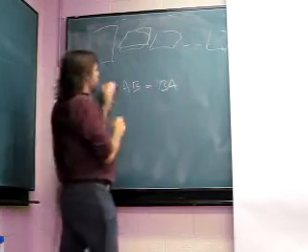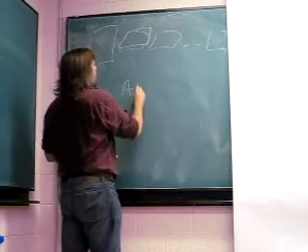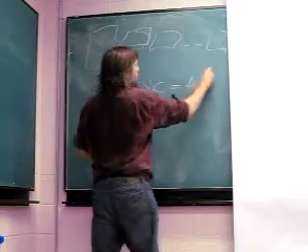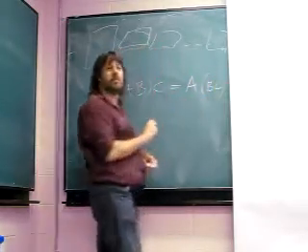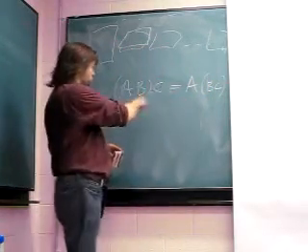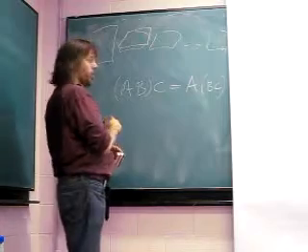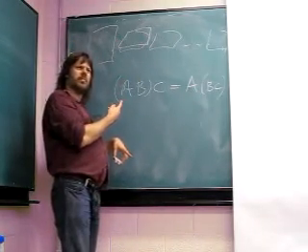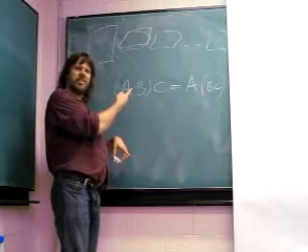No. But what happens if I have A times B times C? Is that equal to A times B times C with the brackets placed differently? Yes. This is called associativity, as opposed to commutativity.